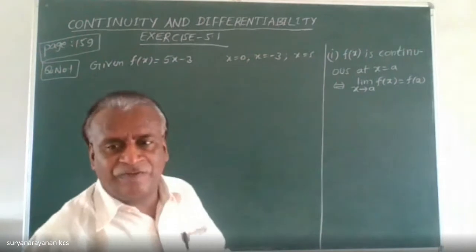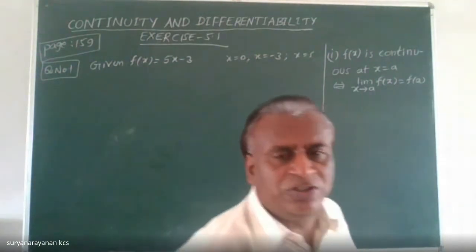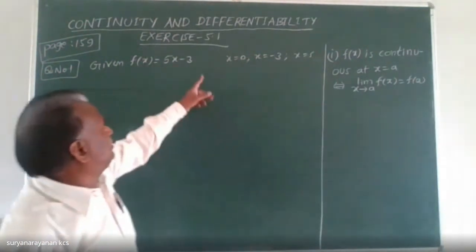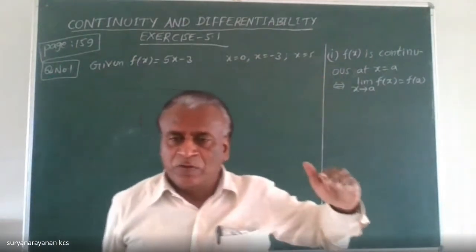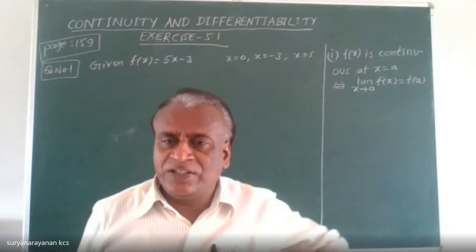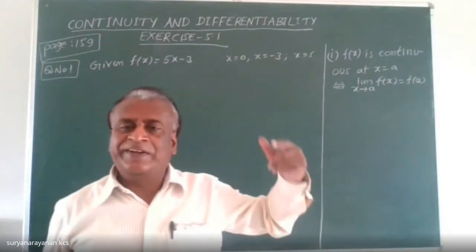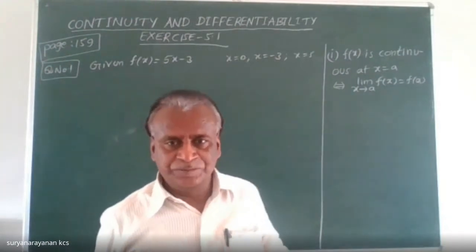We have to verify whether this function is continuous or not at these 3 different points. So we check one by one. We check the continuity of this function at every point separately.